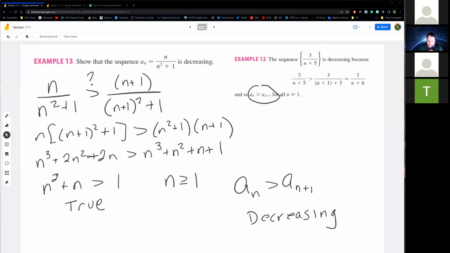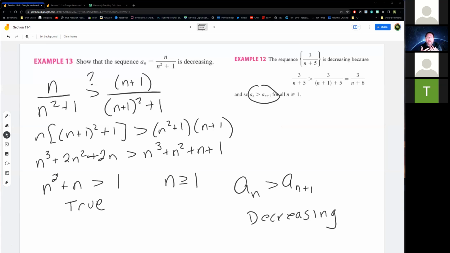Oh, okay. And then, since it's two fractions, cross multiply. Yep. And then simplify it down. Just did the foiling out and stuff like that. Move everything over to one side so I can put all my like terms together. So that's how I got the n squared plus n is greater than 1.